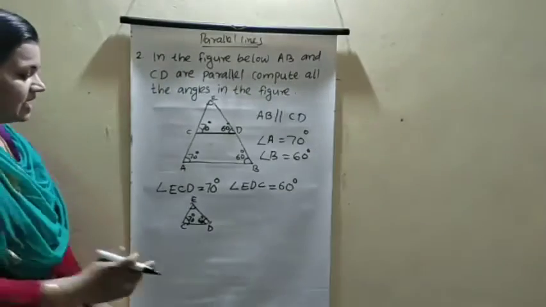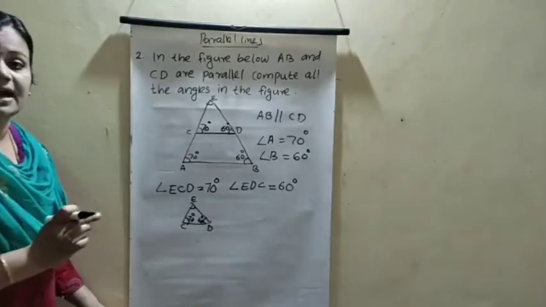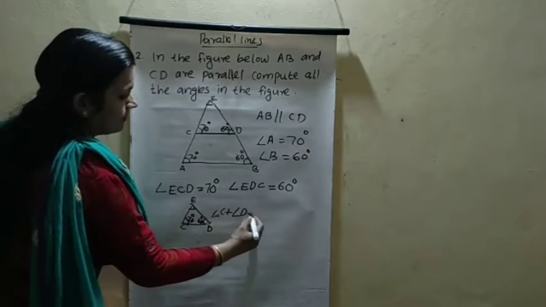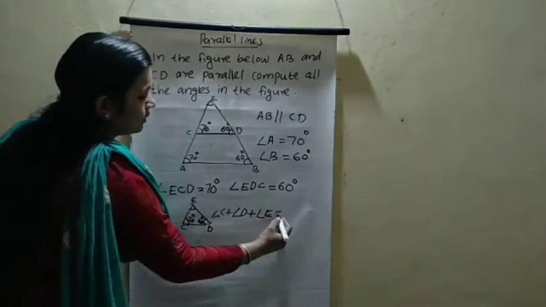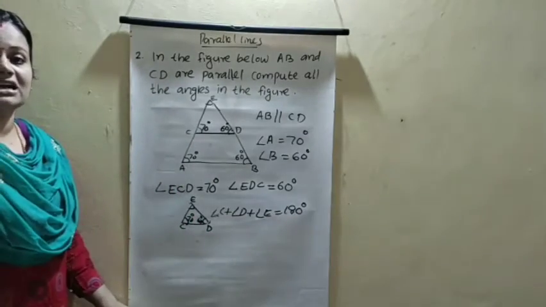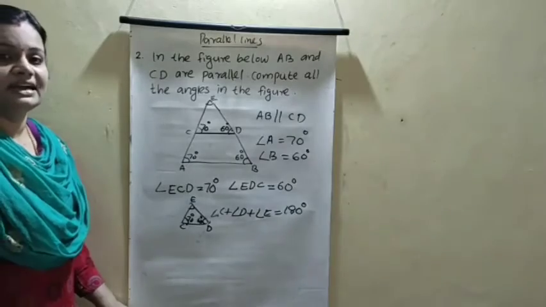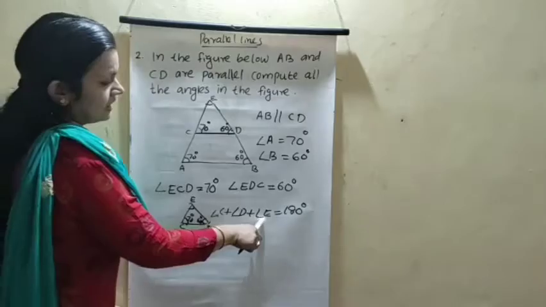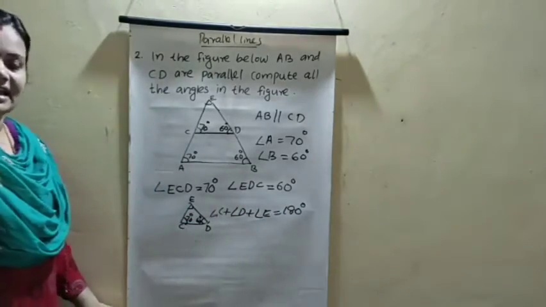Thus we can say that angle C plus angle D plus angle E is equal to 180 degrees. So we can write angle C plus angle D plus angle E is equal to 180 degrees.